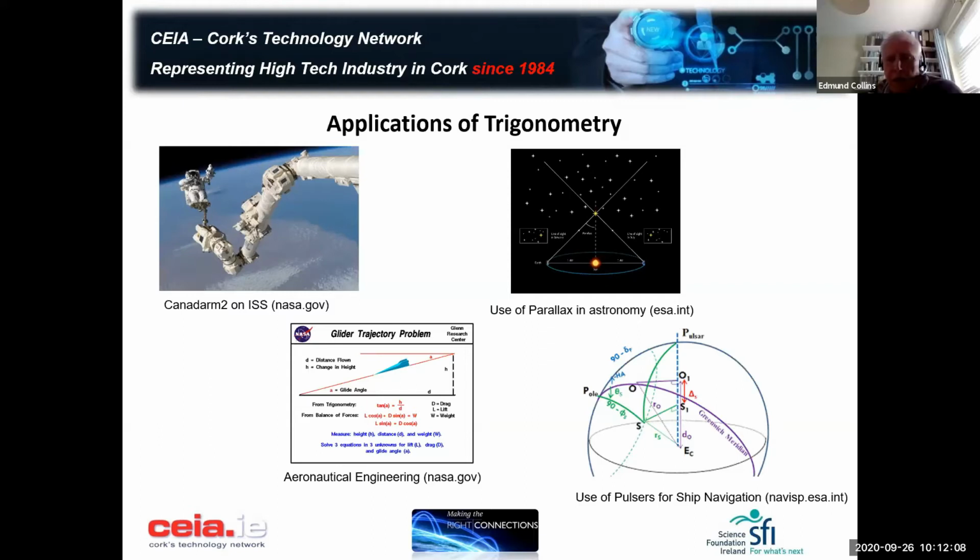Now, it's also used extensively in navigation. There's a particular form of trigonometry which we won't be covering here, but if any of you do end up in the maritime sphere, then certainly this form of trigonometry will come into your studies.